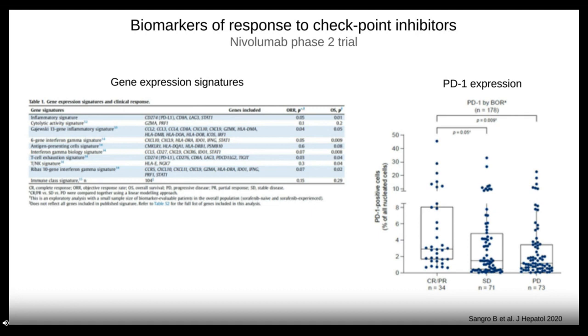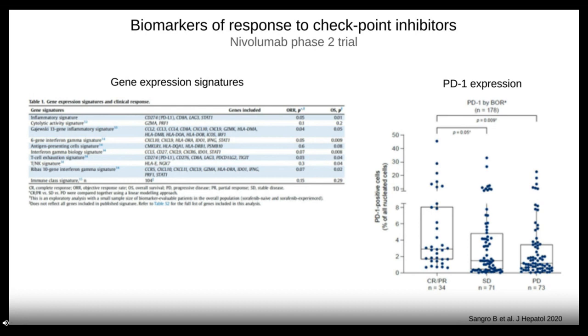There's some p-value, there are differences in the percentage of PD-1 positive cells in the ones that respond versus the ones that do not respond. But you can see here, despite having a p-value, there's significant overlap between the groups, and you cannot use that in clinical practice. You need something that is much cleaner, much more clinically actionable to implement and to recommend in guidelines.